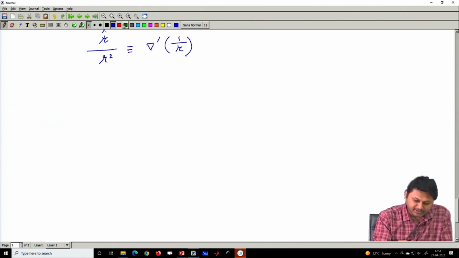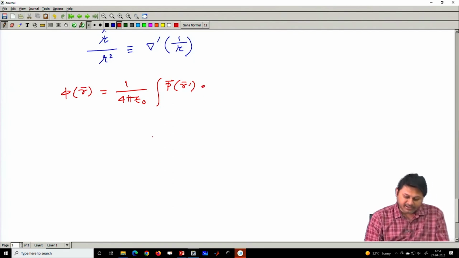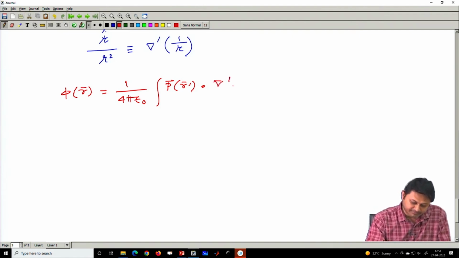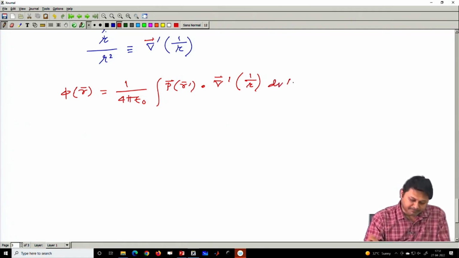Now I am going to make use of this in the equation, and I can write the potential phi of r as 1 by 4 pi epsilon naught, integration of P of r prime dot, replacing this quantity, gradient prime of 1 divided by r, dV prime.